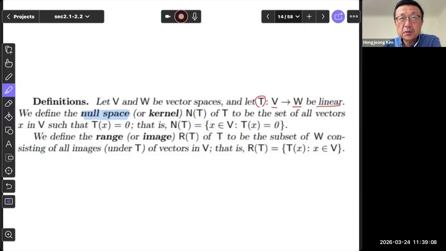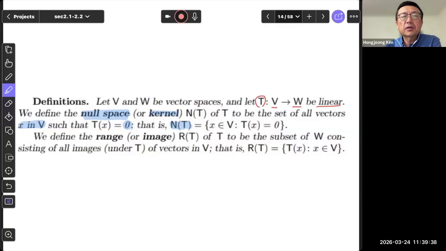Null space is the set of all the vectors x in the domain which are mapped to the 0 in W. So that is called the null space. And symbolically, we will use N of T to denote this null space. Sometimes this null space is called the kernel of the mapping.